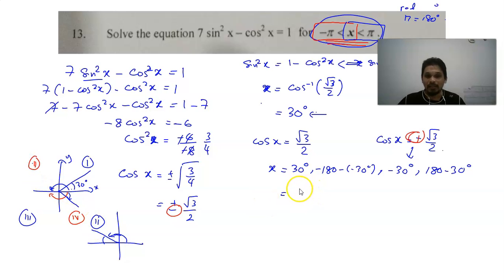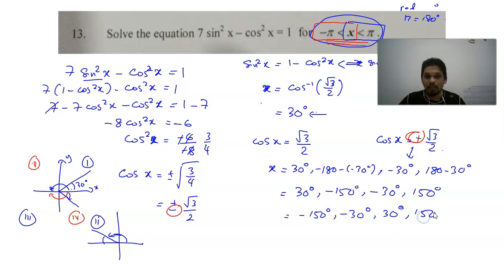Rewrite all this: 30 degrees, negative 150 degrees, negative 30 degrees, and 150 degrees. Rearrange: negative 150 degrees, negative 30 degrees, 30 degrees, and 150 degrees. There you go.